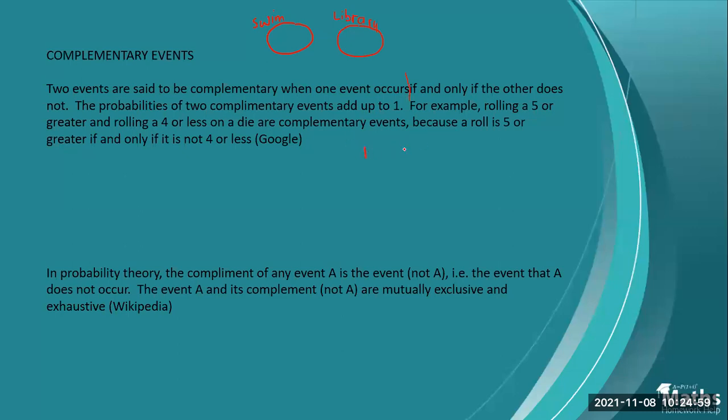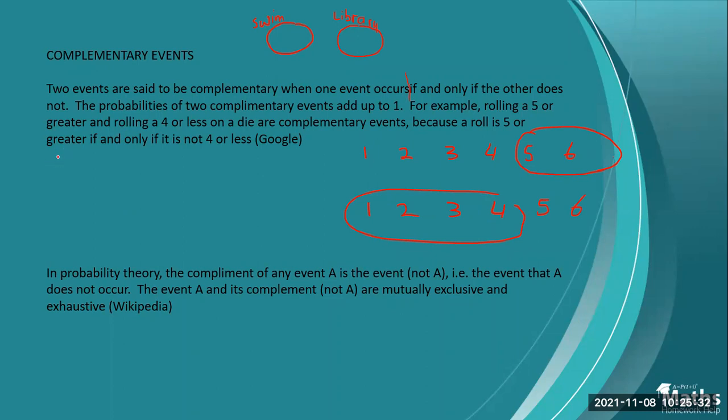If you think of a die, you can either throw a 1, a 2, a 3, a 4, a 5, a 6. I just want to write it twice to explain: 2, 3, 4, 5, 6. So the example says, rolling a 5 or greater. So let's say the chances that you will roll a 5 or maybe a 6 can only happen if you don't throw a 4 or anything smaller than that. But they can say anything here.